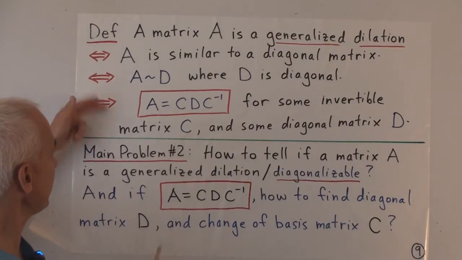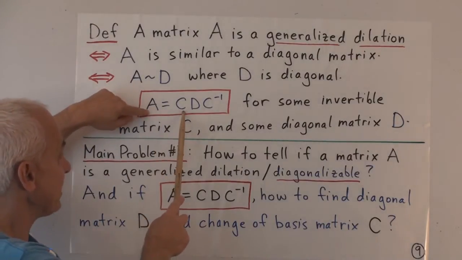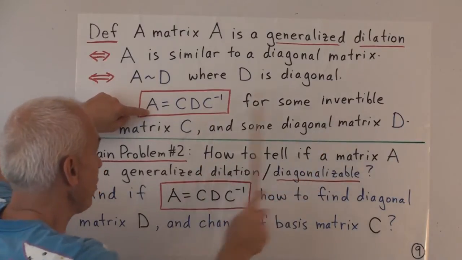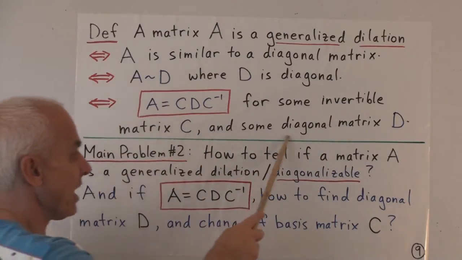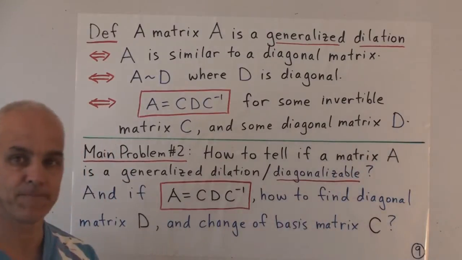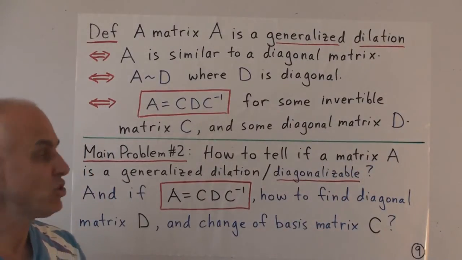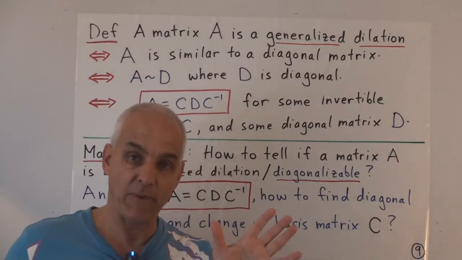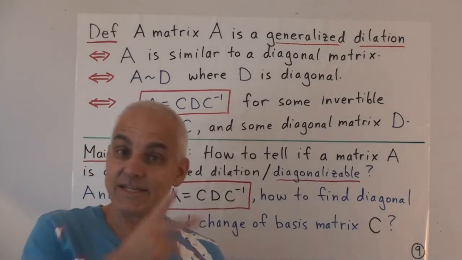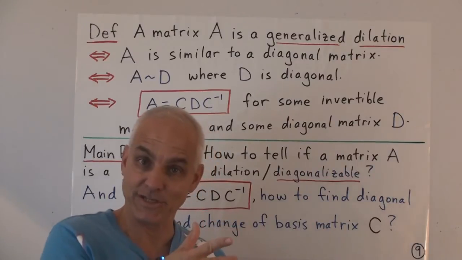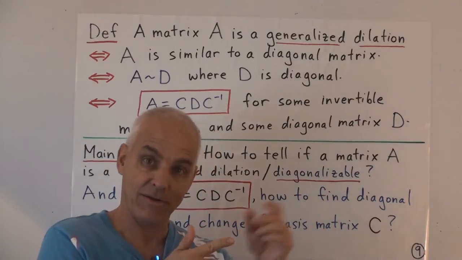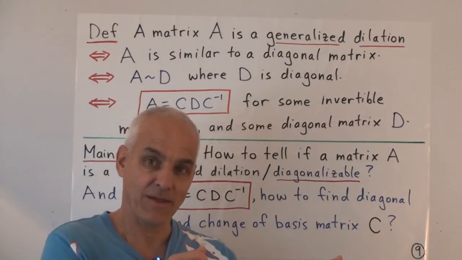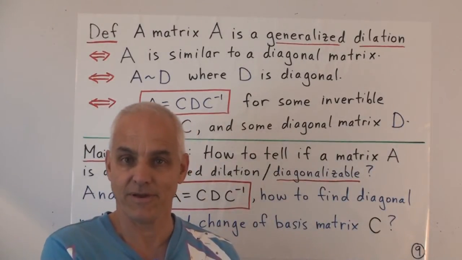Or specifically, it means that A can be written as C times D times C inverse for some invertible matrix C and some diagonal matrix D. And geometrically what it means is that A represents a linear transformation which in some basis looks like a diagonal transformation, one that's purely stretching along the three coordinate directions.